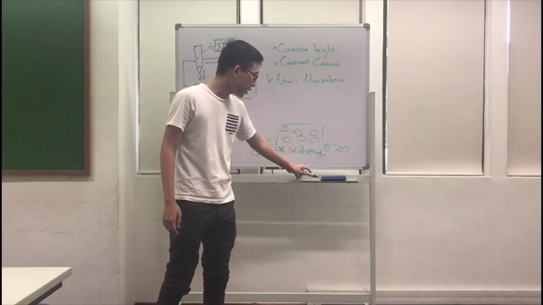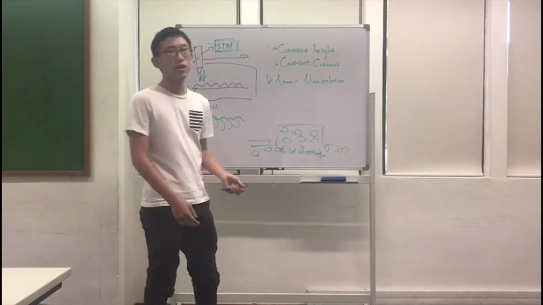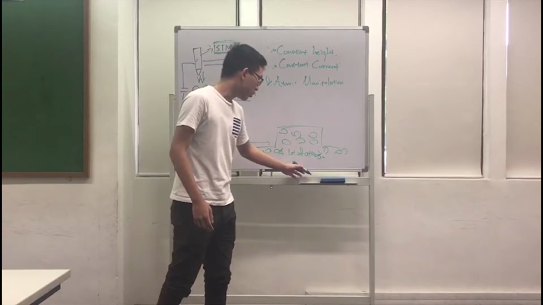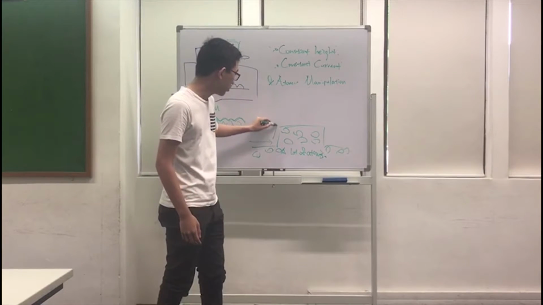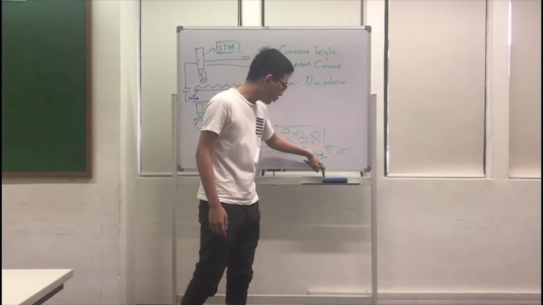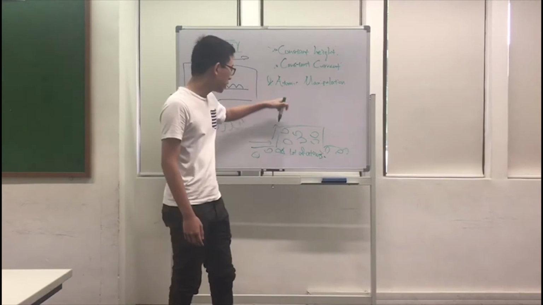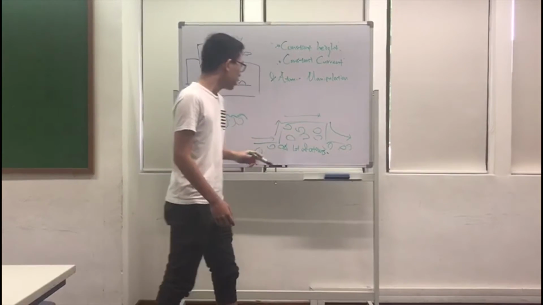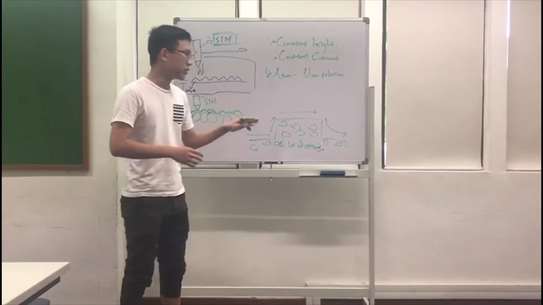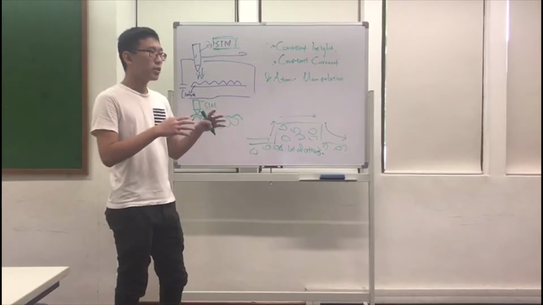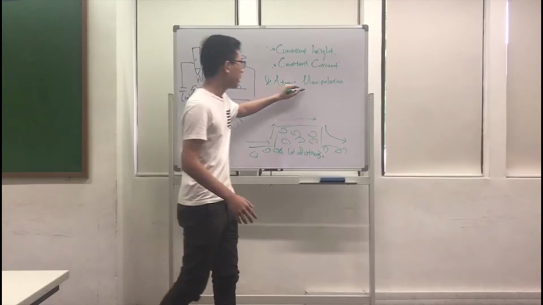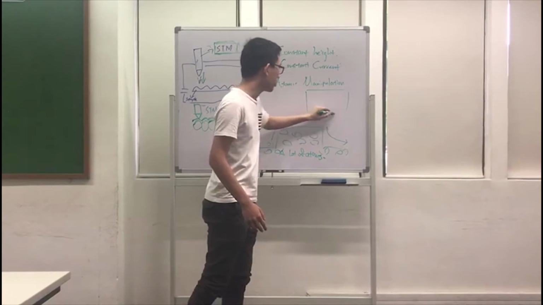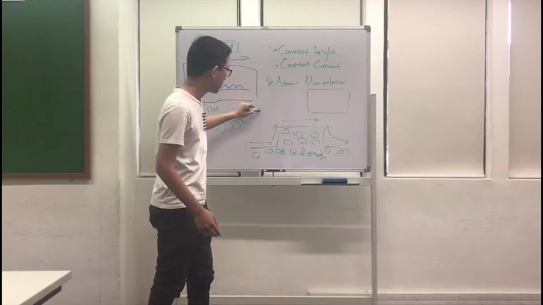When it's moving, to maintain a constant current the STM machine will go up, and move through the smooth surface of the whiteboard eraser like this, and then it goes down. Through this process, the STM machine can send out signals, and you can tell the difference in height, and it will look something like this.